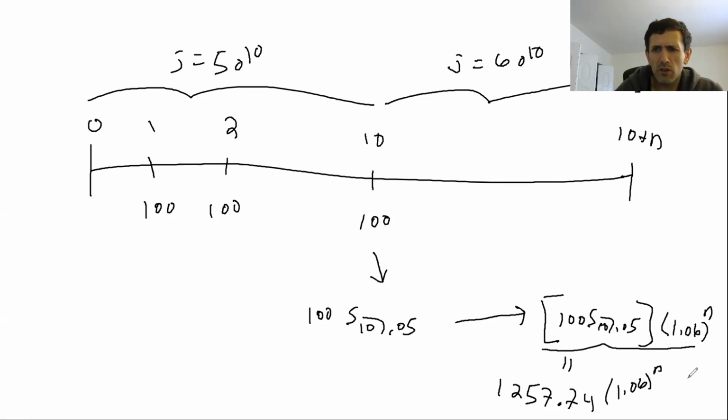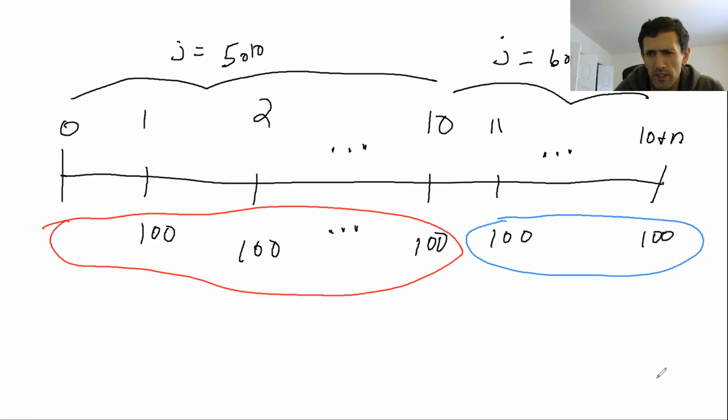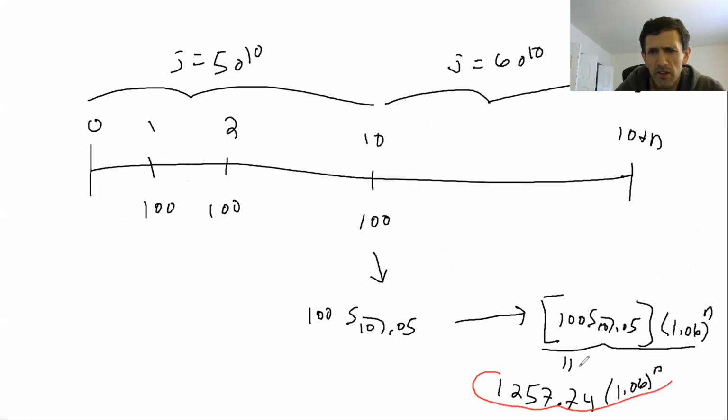Okay, so let's go back real quick. And now let's do this annuity here. Maybe I'll circle this in red to emphasize that this is the accumulated value of this first annuity.